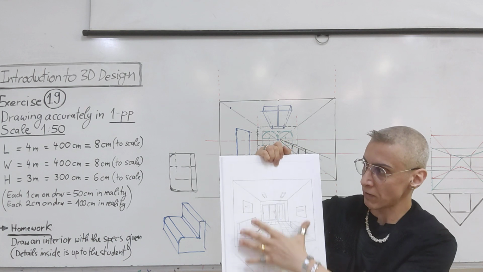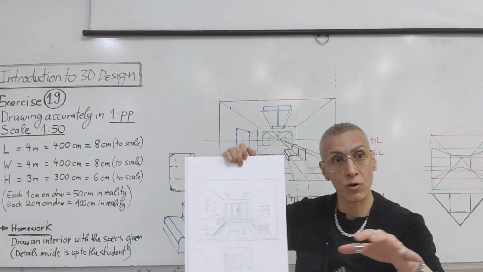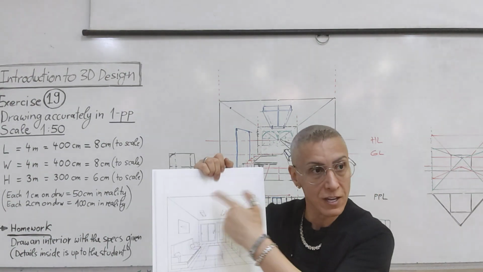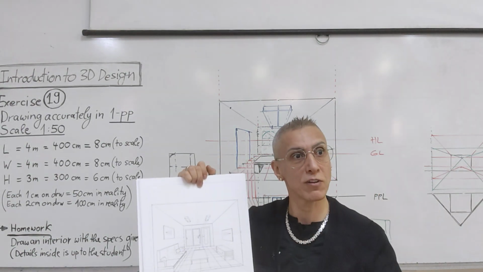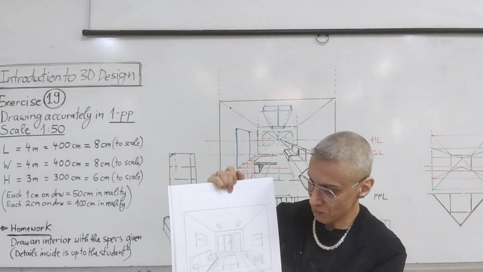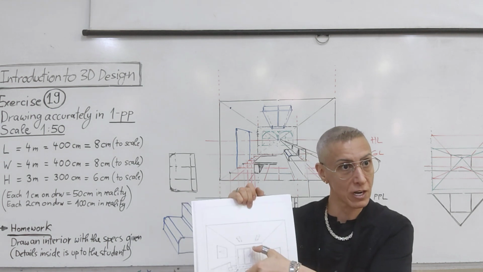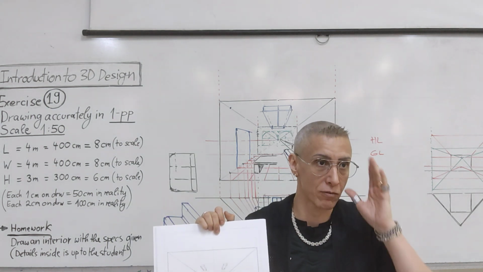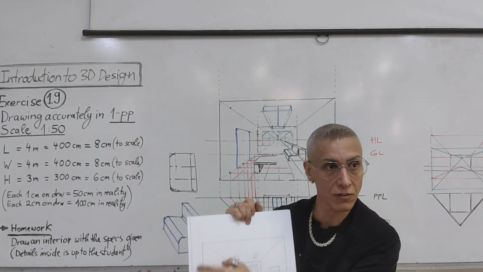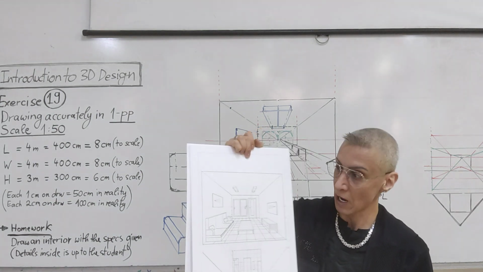So, you will have basically the same measurements. What will be different from student to student is what's here inside, okay? This will be different. But all of you will have basically the same type of construction. Depends on where you draw this object here, up or down a little bit. That will be the only difference. But the room will have the same size. Everything will look very similar to what we have here.